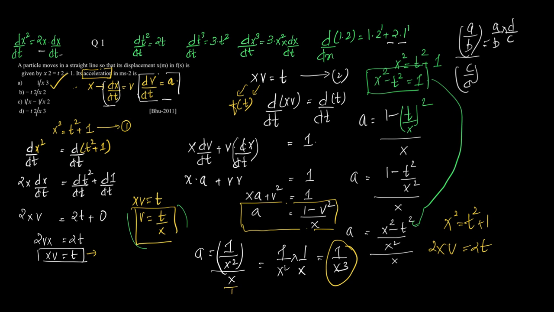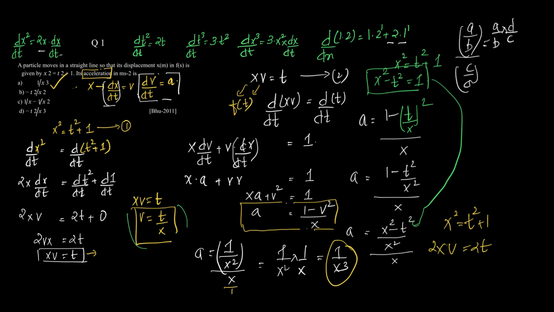Why? Because x and v are not arbitrary values here. X and v, both of them are functions of time, which means they have to be further differentiated to make sure that no variable or no constant get eliminated.